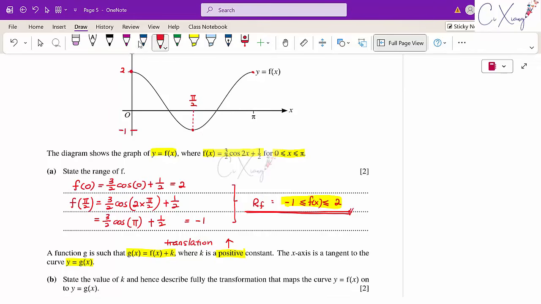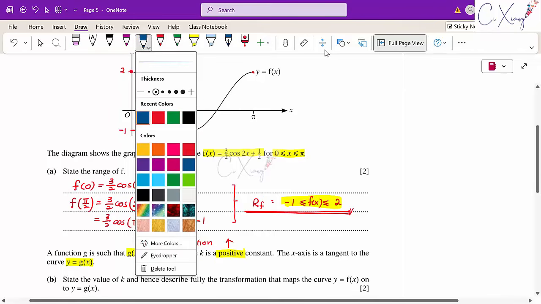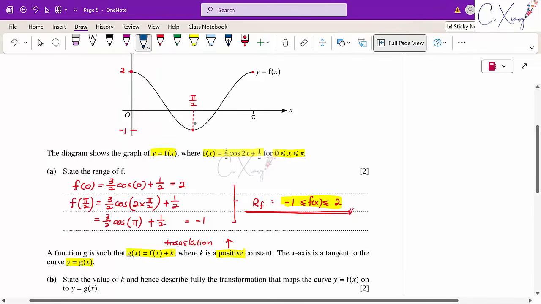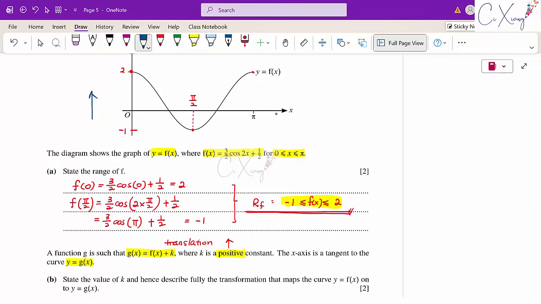So from here, you can try to imagine if I shift this original curve up, then eventually the x-axis will become the tangent of the curve. So what you can expect is your minimum point will move up to touch the x-axis, so that this x-axis now basically is the tangent to the curve.